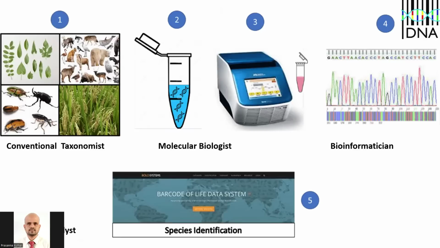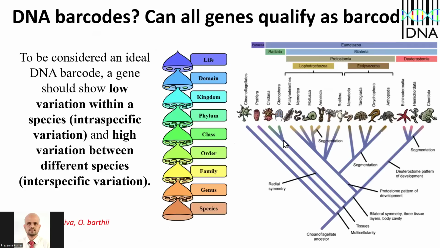Once you are done with that, you need to know how to manage the database. You need to be a data analyst who can deposit the sequence, get the accession number, and manage the database size and its workflow. So barcoding really requires a multi-dimensional skill set.